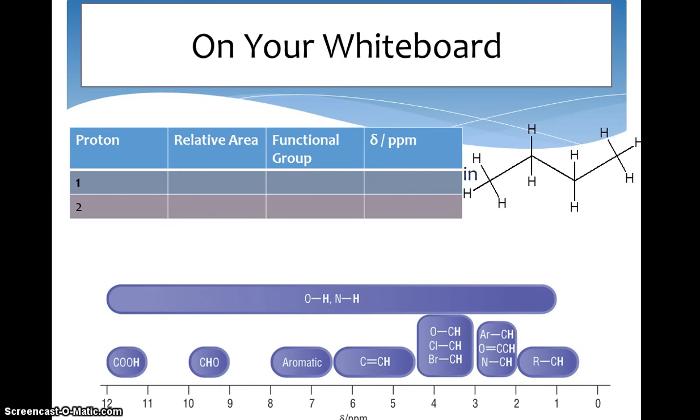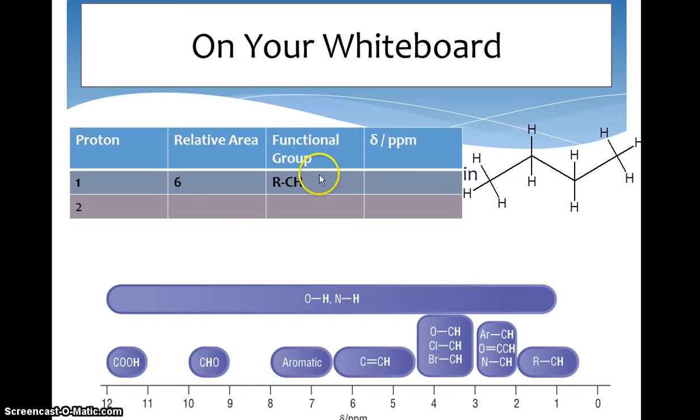Okay, it says on your whiteboard, but on a bit of paper or something, here is the other molecule we looked at. Perhaps you could take a minute to predict the peak area, functional groups, and the chemical shift for this molecule. Give it a minute, and here we go. Well, we've got proton number 1. We've got 6 of those, so our relative area is 6.